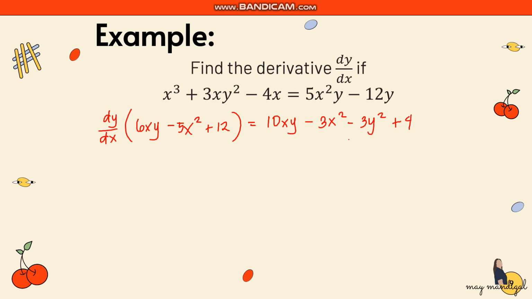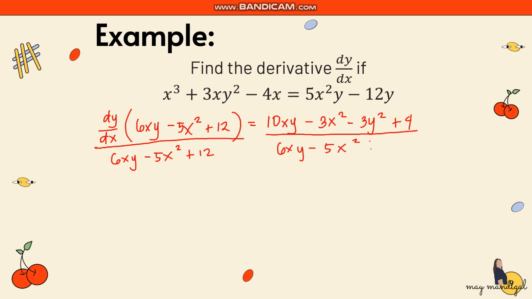So after you factor out, of course, we will divide. So divide both sides now by this one, 6xy minus 5x squared plus 12. So this will be cancelled.